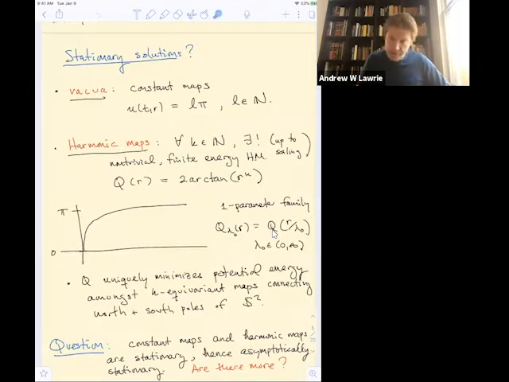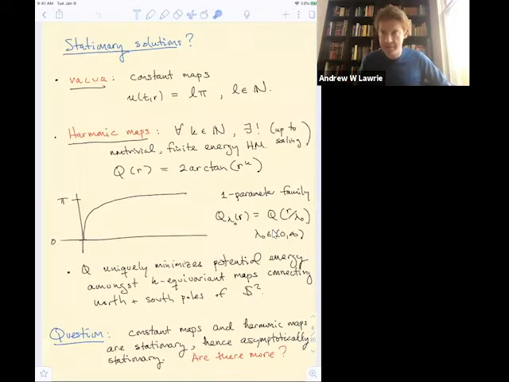And these are energy minimizers. Well, they minimize the energy for each fixed k. They minimize the energy amongst k-equivariant maps, amongst those maps which connect the North Pole to the South Pole, right? As Q tends to pi at infinity, this means I connect the North Pole to the South Pole. So these are bona fide energy minimizers. They minimize the potential energy.